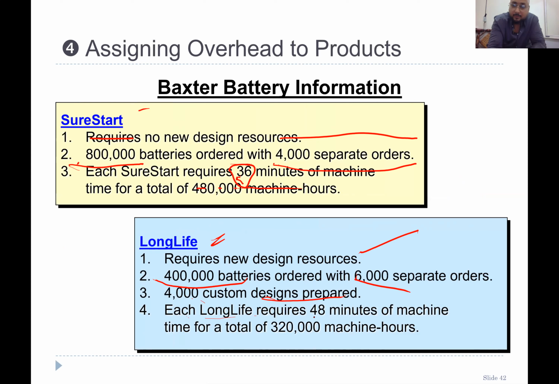Each long life requires 48 minutes of machine hours, or a total of 320,000 machine hours, which means it takes 320,000 machine hours to complete 400,000 batteries. So how are we going to find out the per unit cost of short start and per unit cost of long life?